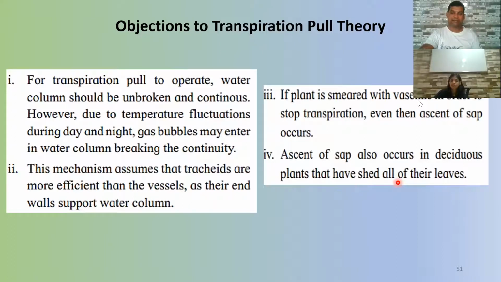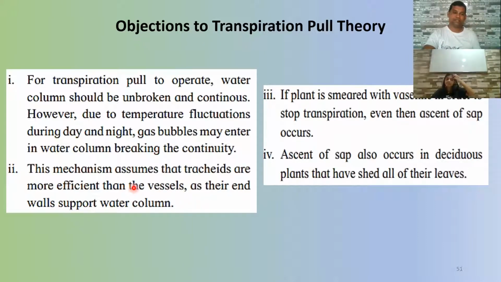Due to the difference in the amount of water availability, there is a chance of air or gas bubbles entering the xylem vessels. That is called embolism. Just like if an air bubble goes into the straw, the water column will not be maintained. And according to this mechanism, it can be assumed that tracheids are more efficient compared to vessels. In gymnosperms, tracheids are present, and in angiosperms, vessels are present.